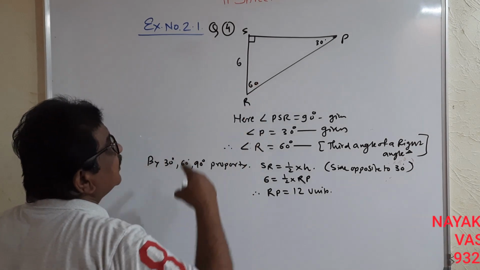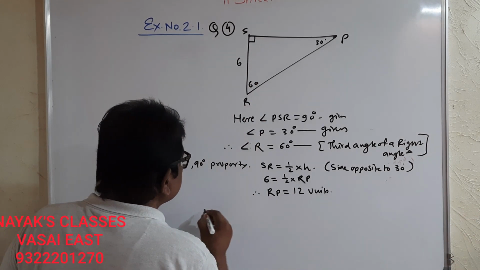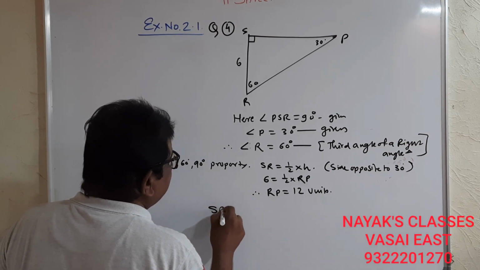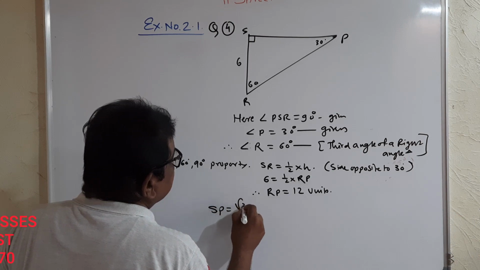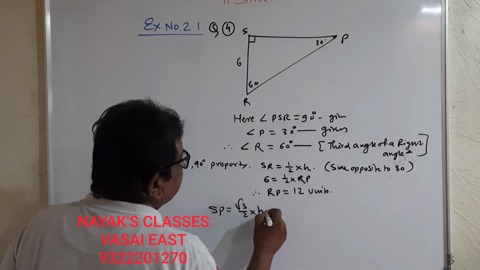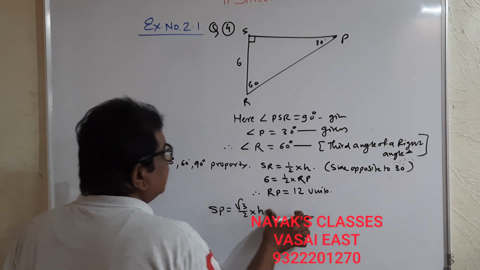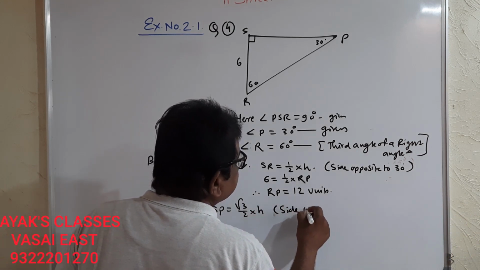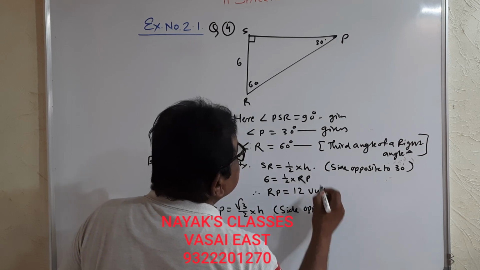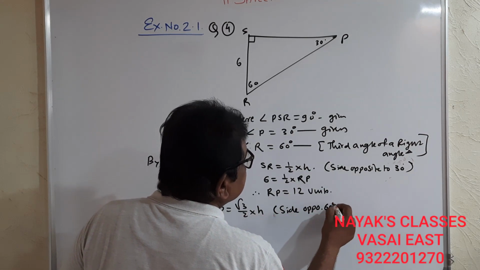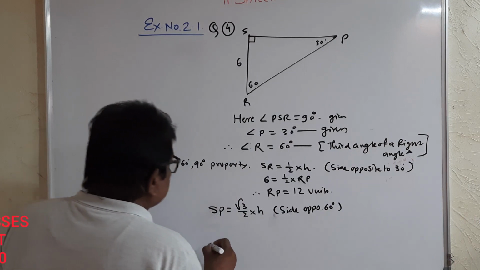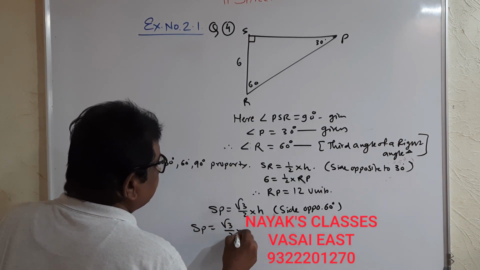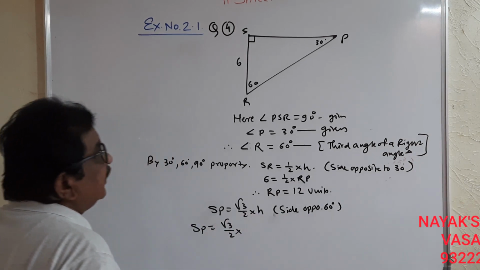And the remaining side SP is equal to root 3 upon 2 into hypotenuse, the side opposite to 60 degrees. So SP is equal to root 3 upon 2 into hypotenuse.